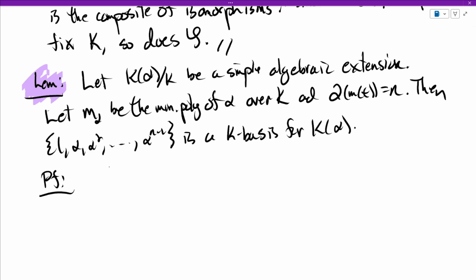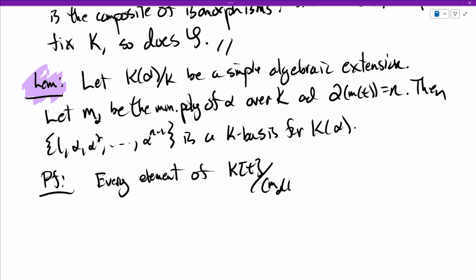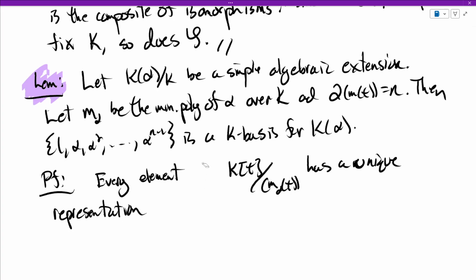We proved a theorem where we saw that every element of k adjoin t mod m alpha, let me be more precise, every element a bar of t, has a unique representation such that the degree of a bar is less than the degree of m alpha.